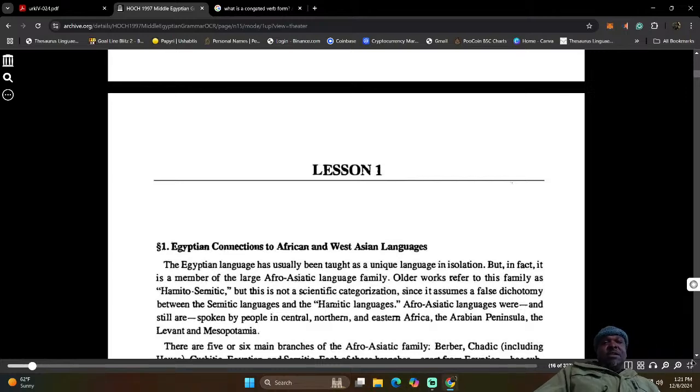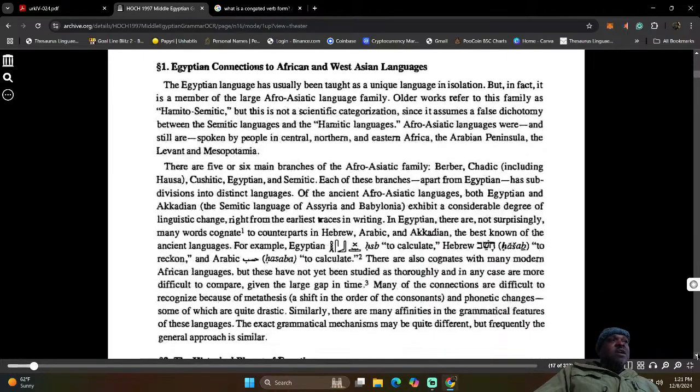So I don't even have much to say about lesson one, because here he's talking about Egyptians' connection to African and West Asian languages. You can find that information at any source, but basically it'll boil down to triconsonantal roots.